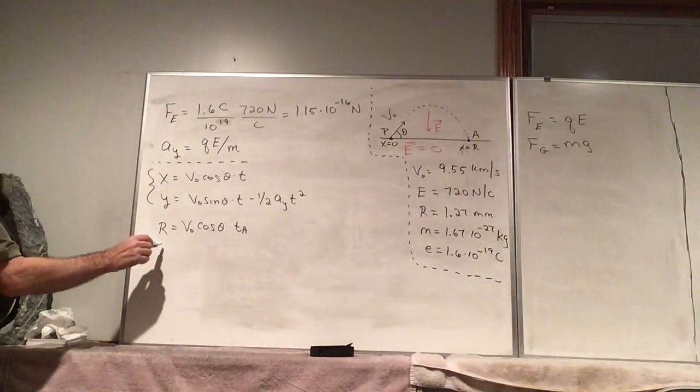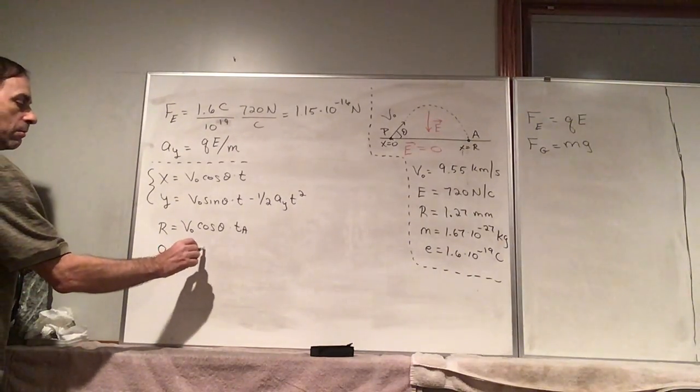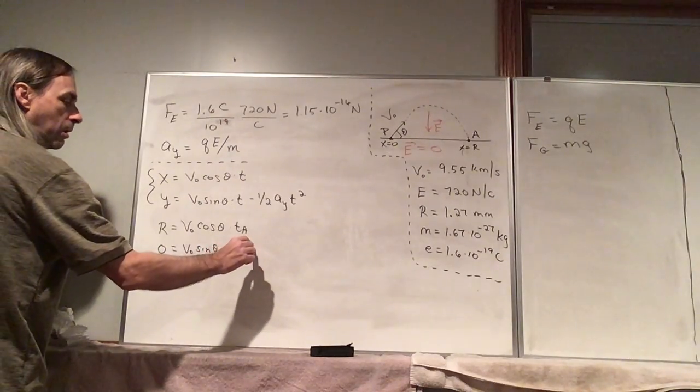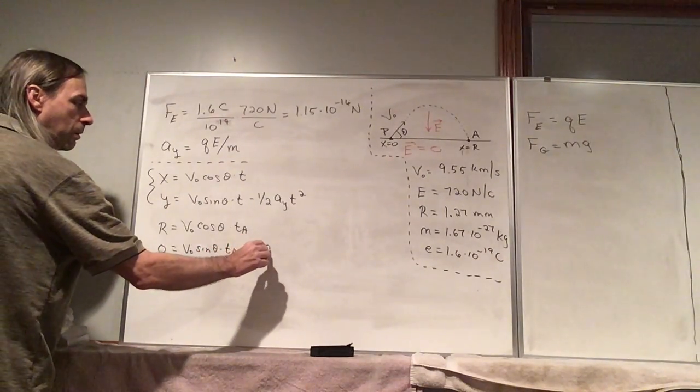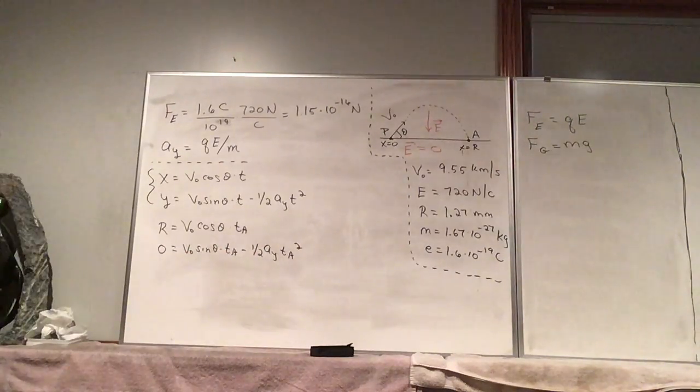And the y-coordinate is 0. So we just plug in 0 for the y-coordinate, and for t, we're talking about a particular time now. So instead of just t as a variable, it's a particular time.